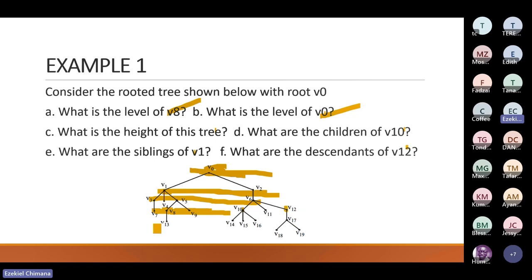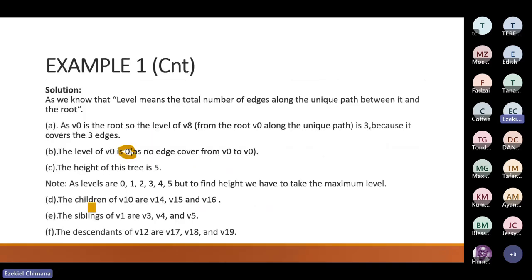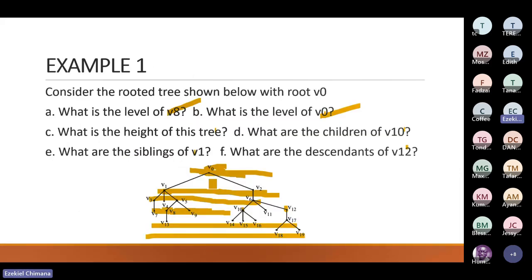After that, we go to level 4, and it goes up to level 5. So the height of the tree will be 5 here, because the levels are 0, 1, 2, 3, 4, 5. So that's it on that one.